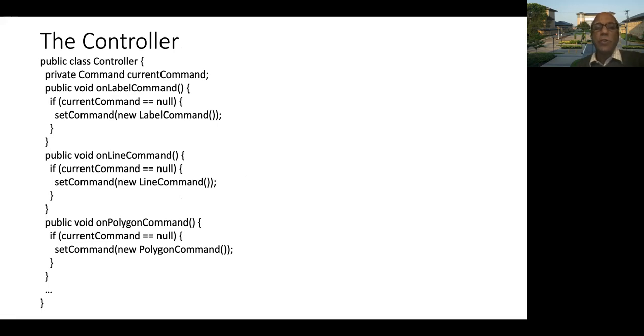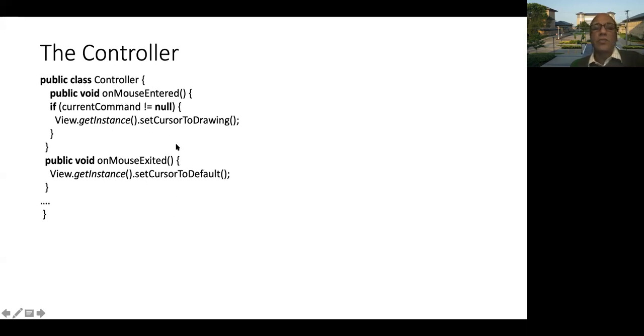Okay. But if you are in the middle of drawing a polygon, and if you click on that line button to start a new line, you simply ignore that. If the current command is not null, don't handle this line command. You just ignore that request.